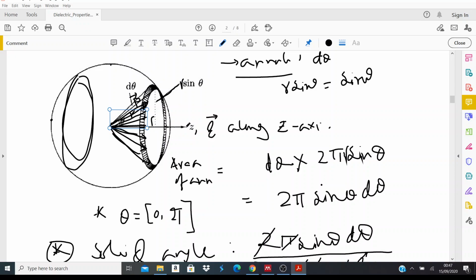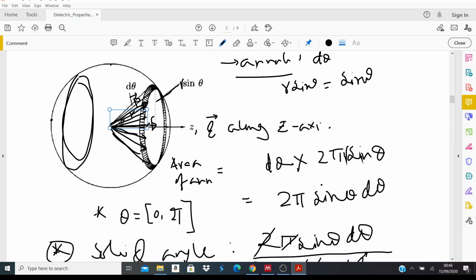That is the contribution of the electric dipole moments along the direction of the electric field. If for this annulus all the P's are making an angle theta with the z-axis, then the contribution along the direction of E for the P's lying on the annulus is P cos theta. This is P cos theta and this is P sin theta.